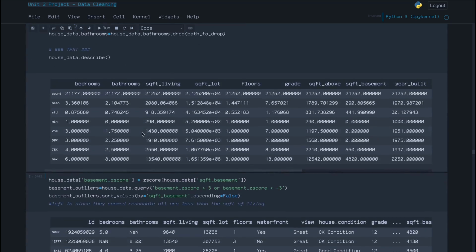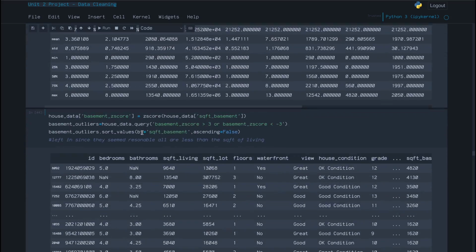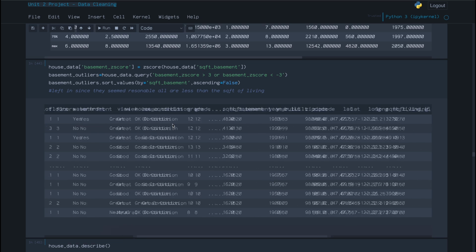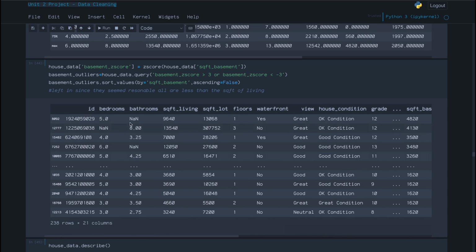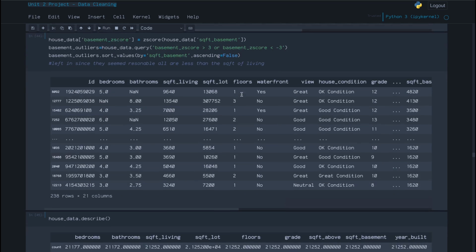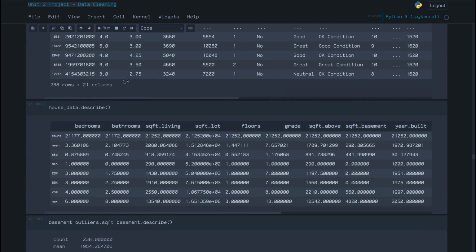And for the basement, I left them in since they seemed reasonable, because we had zeros if it didn't have any basement, and the square foot of the basement was always less than the square foot of the living room, so I kept these.